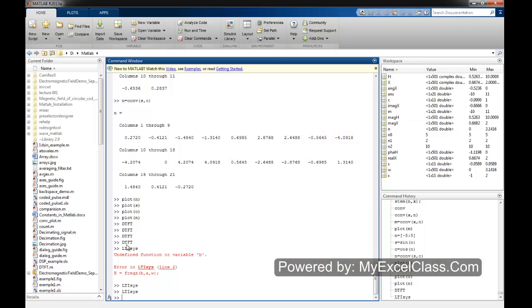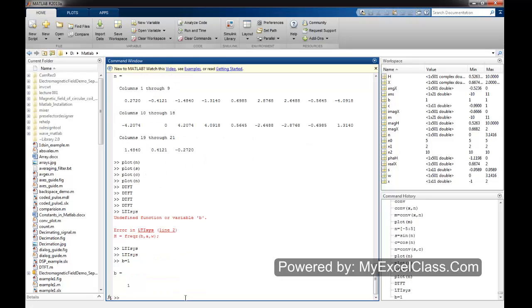Okay, so in order to do this example, we'll first create the system, like numerators and denominators. So b is equal to 1 and a is equal to polynomials.